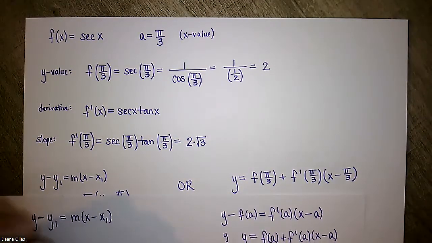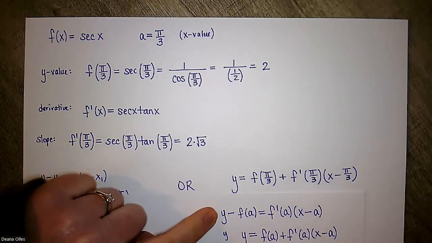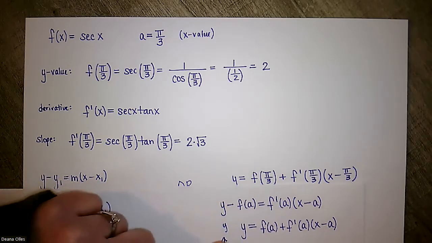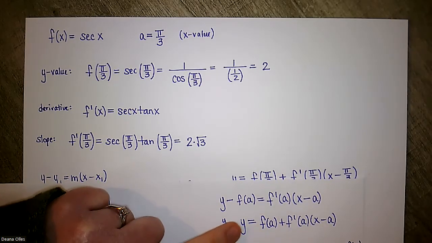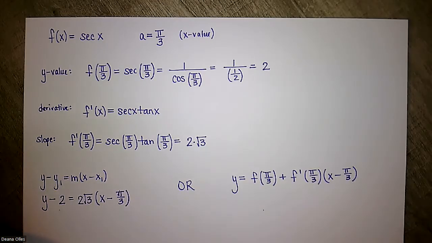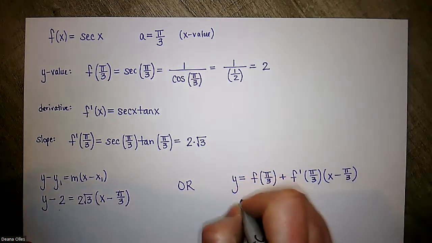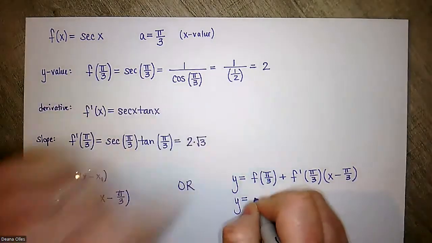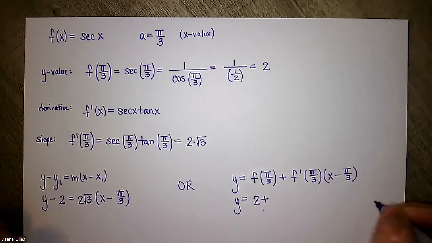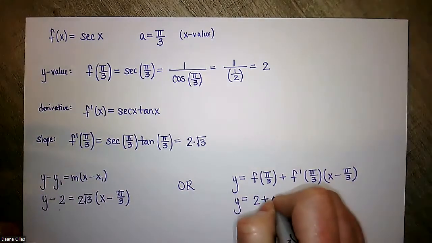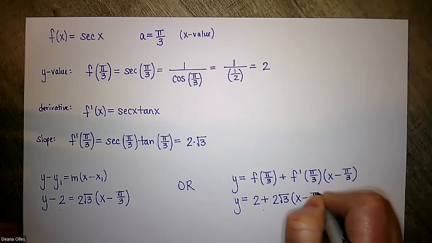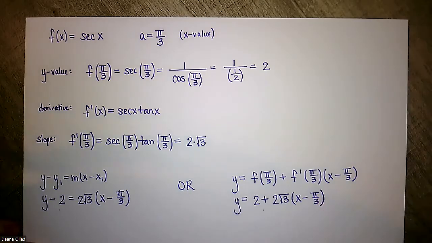This is where we were getting it from, when we rewrote everything in terms of that value a and x. And so that's our linearization formula right there. And our a value in this situation is pi over 3. So now we have y equals f of pi over 3, which was 2, plus f prime of pi over 3, which is 2 radical 3, and then x minus pi over 3 to wrap it up.